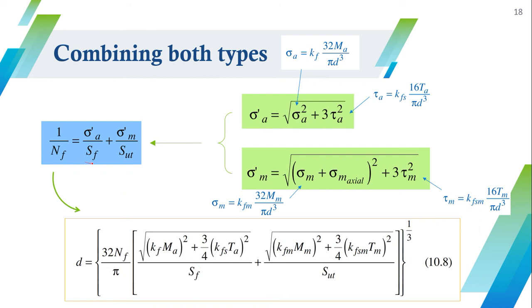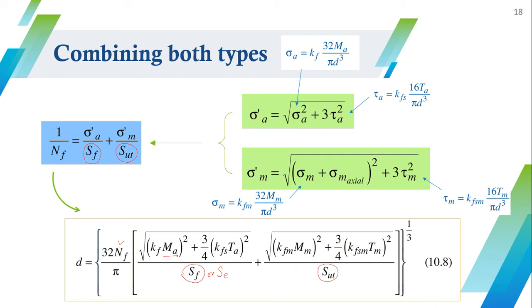Here you have the fatigue limit and ultimate tensile strength, which you see likewise in the denominator. So this SF we can actually say SF or SE depending upon the material. Then you have the factor of safety here which we had.